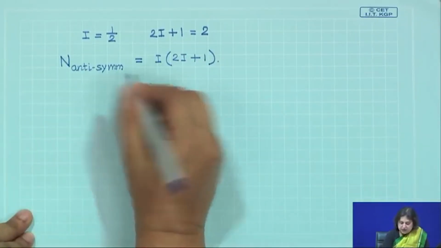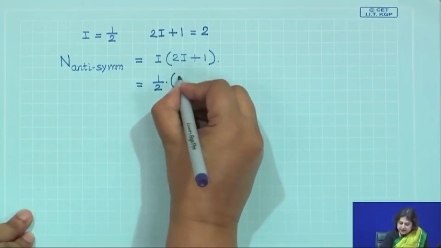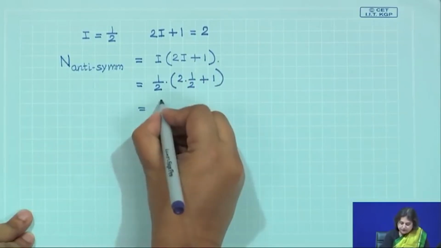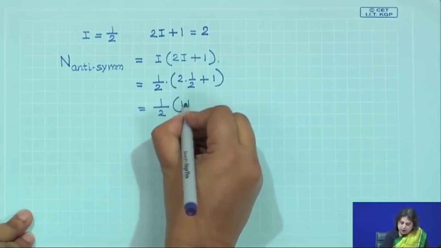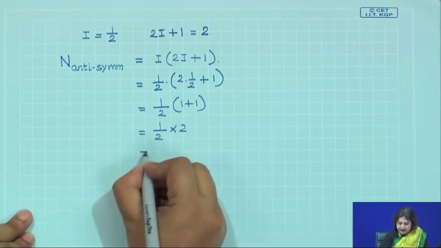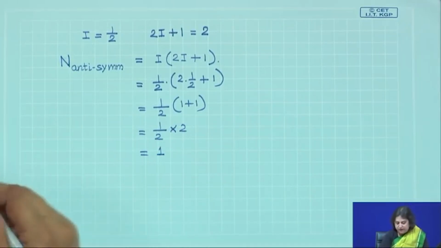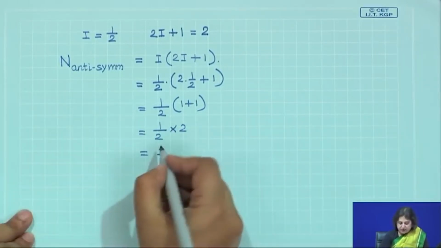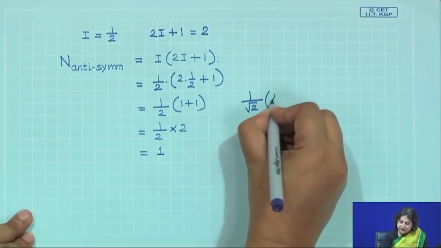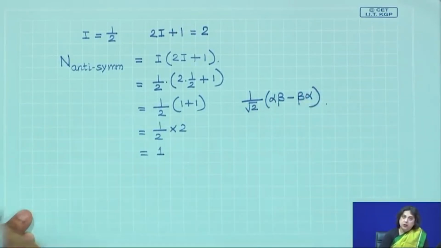If I put the value of I here, it is half into 1 plus 1, which is half into 2, and that is equal to 1. Now, what was the antisymmetric nuclear spin wave function that we found? There was only one such wave function, and that was 1 by root 2 times alpha beta minus beta alpha.